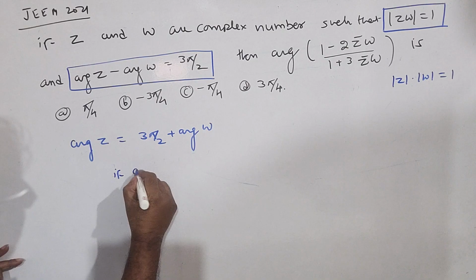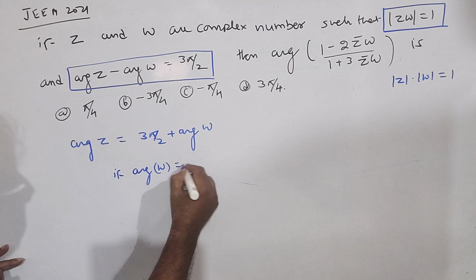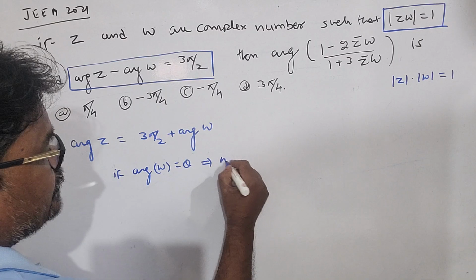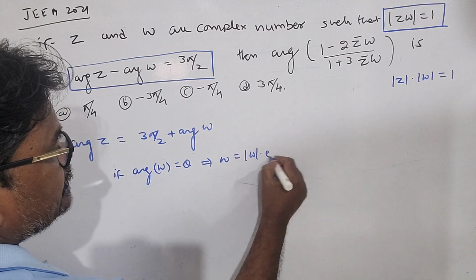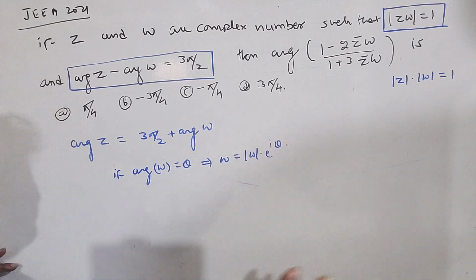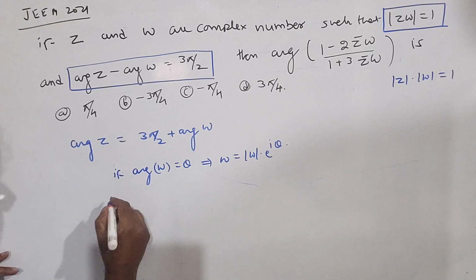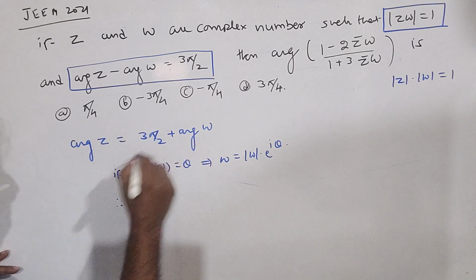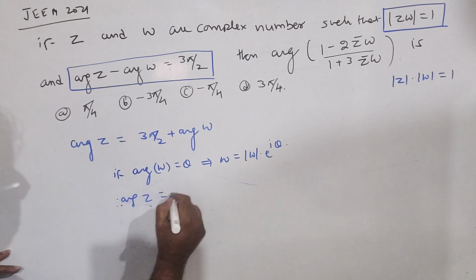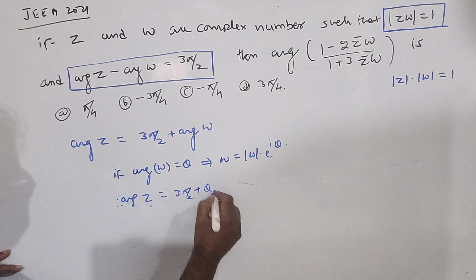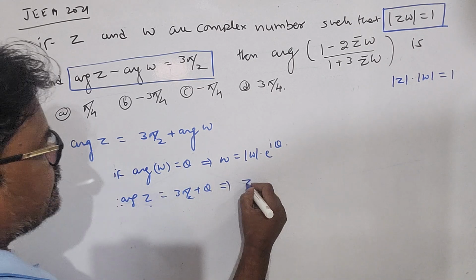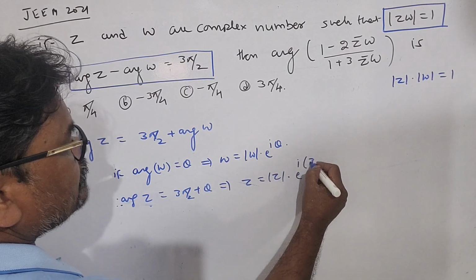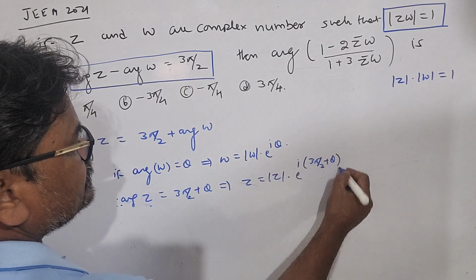So if the argument of W is theta, I can write W as modulus of W into e to the power i theta. That concept we all know. And therefore the argument of Z will be 3 pi by 2 plus theta, and therefore I can write Z as modulus of Z into e to the power i times (3 pi by 2 plus theta).